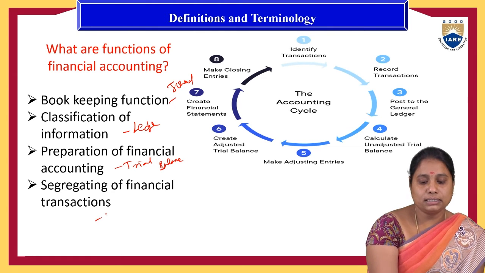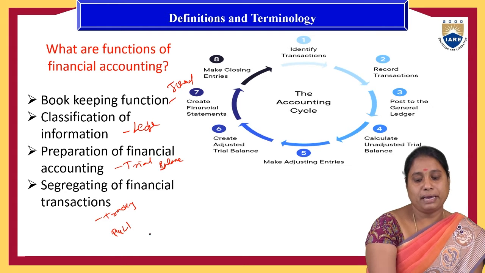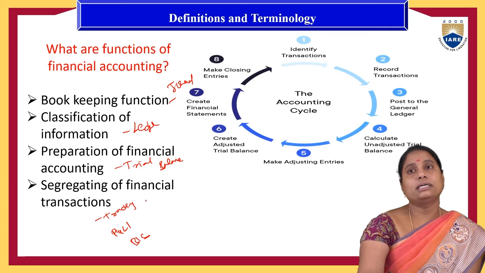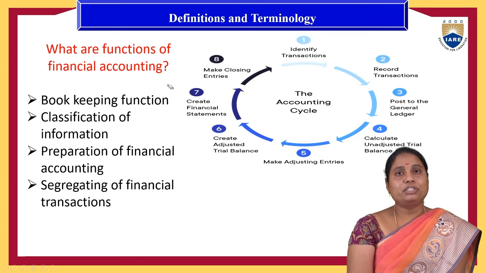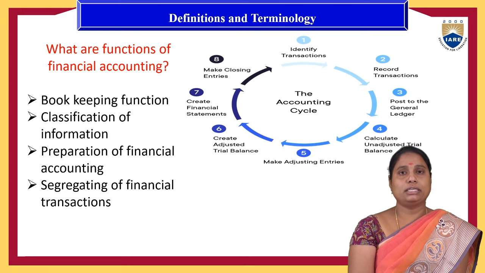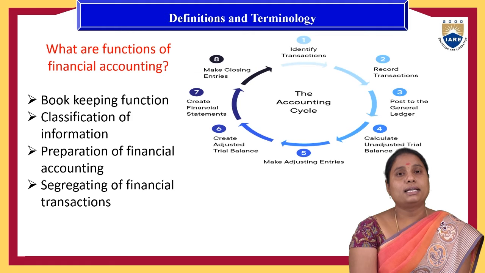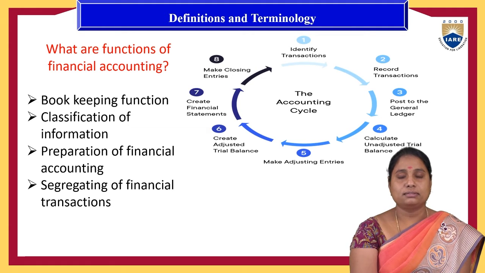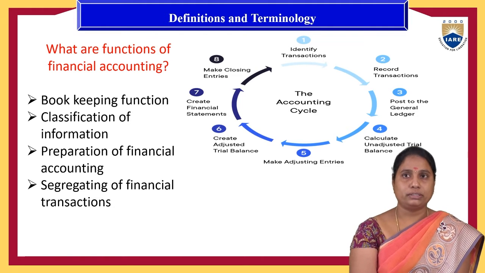And next are the trading account, profit and loss account, and balance sheet. So these are the step-by-step procedures in the functioning of financial accounting. All the steps involved are the journal, ledger, trial balance, trading account, profit and loss account, and balance sheet.